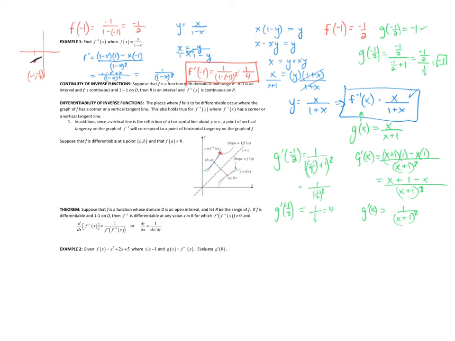Well, because this function up here is the inverse of f, it would have its curve, which would be a reflection over the line y equals x, and it would have the point b comma a.